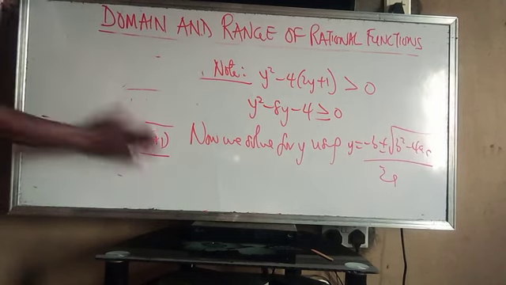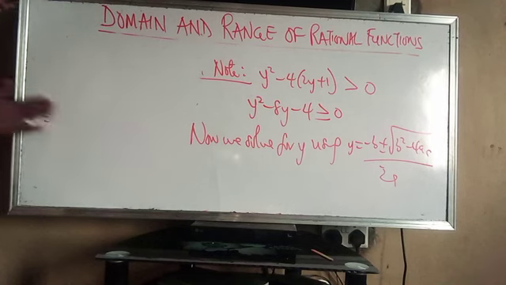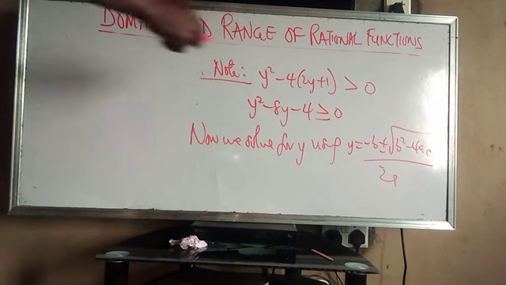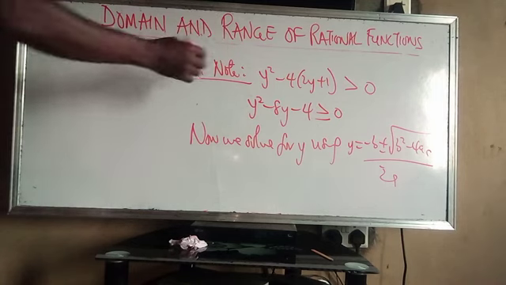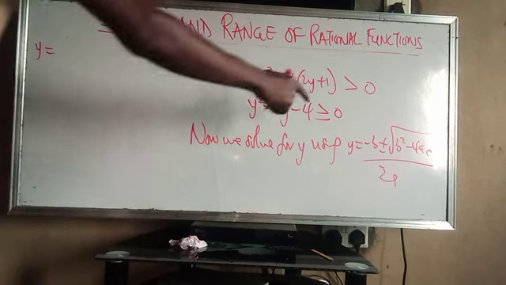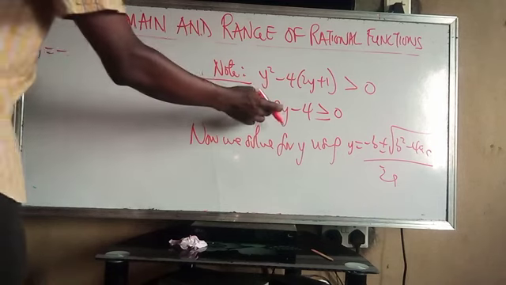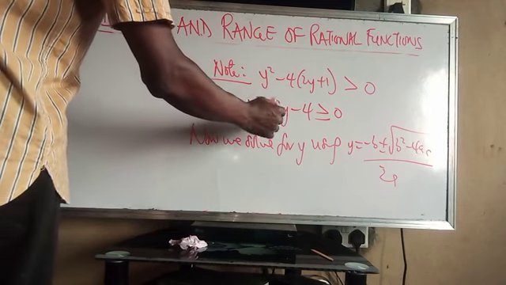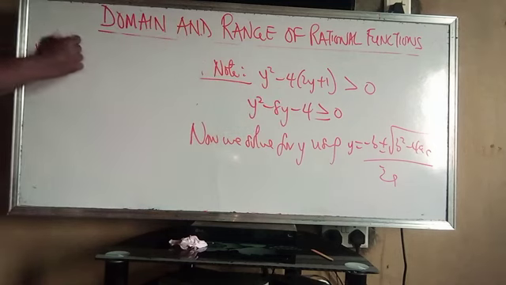We are particular about the one in the square root, so that's why we are picking this. So y will now be equal to minus b. If we take ay squared plus by plus c, then b is minus 8.